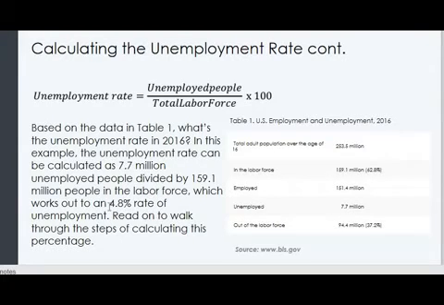Which works out to a 4.8%. I-divide mo siya sa 100 to get the percentage rate because we are looking for the percentage rate, okay? So divide it by 100 or multiply it by 100 to get the percentage. 4.8% rate of unemployment. Yan, okay? So ganun lang, madali lang naman siya. Unemployed people over total labor force multiply by 100.